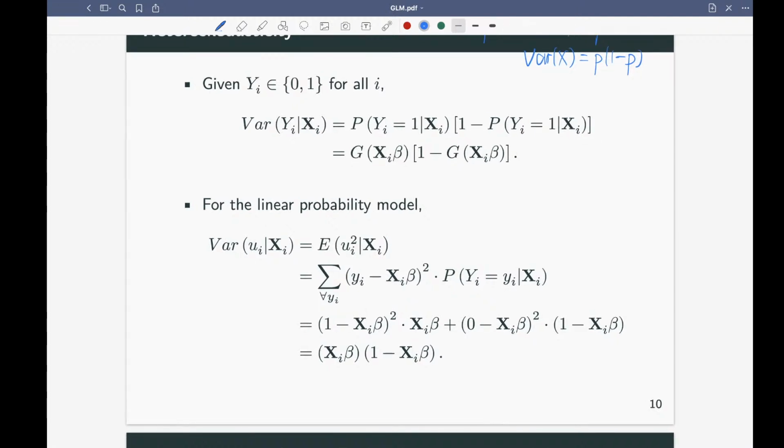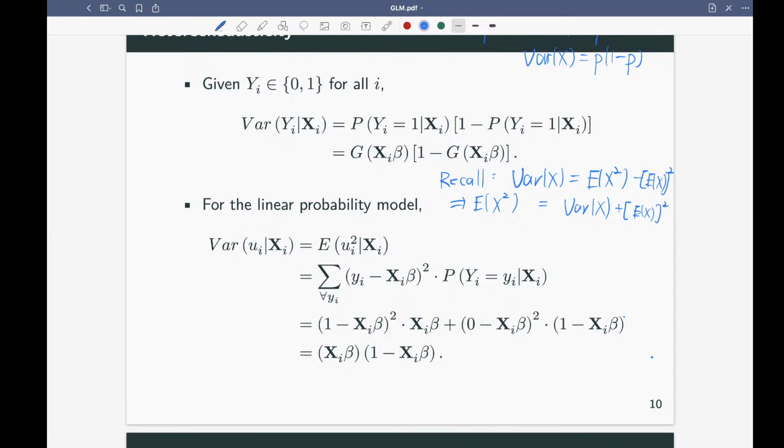Recall that the variance of x is equal to the expectation of x square minus the square of the expectation of x.